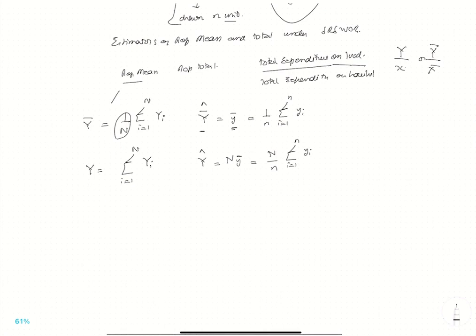Then the other thing is the ratio estimator, which is Y bar upon X bar. We don't get the ratio itself, we get R hat, which we get as sigma i equals 1 to n yi over sigma i equals 1 to n xi, where the 1 upon n gets cancelled.